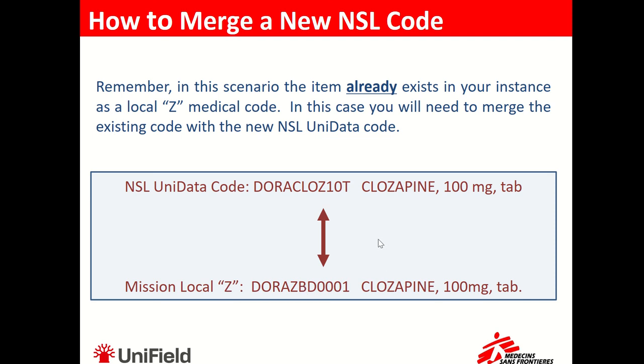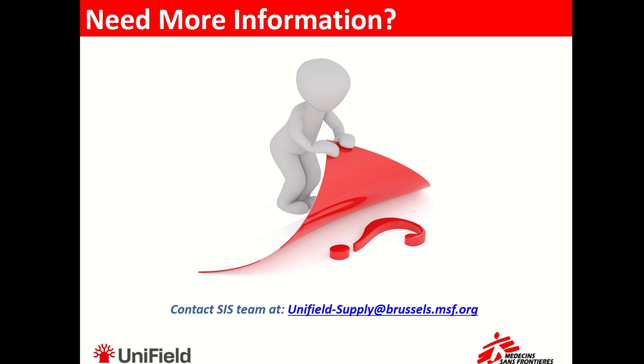Whereas in the first scenario, all you had to do was simply activate the code because you did not have a previously existing Z medical code. So those are the two options. You either activate or you merge depending on the context.